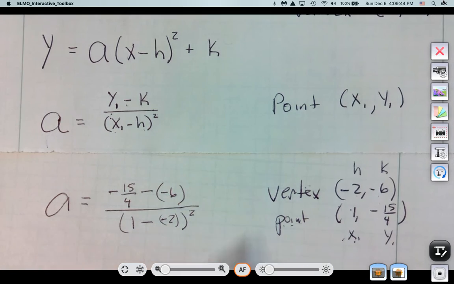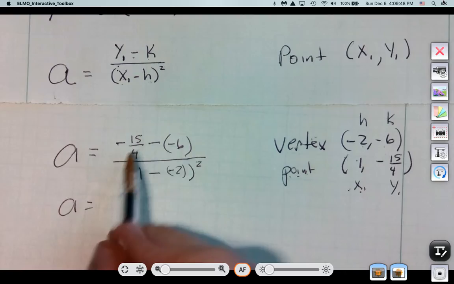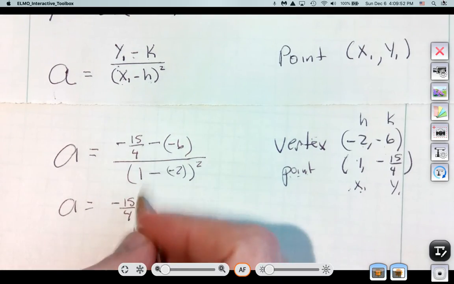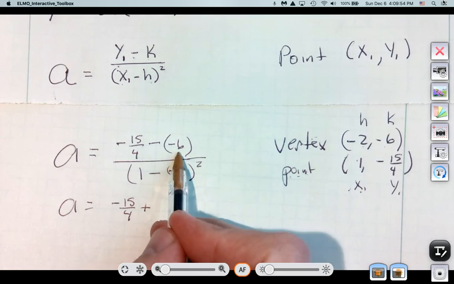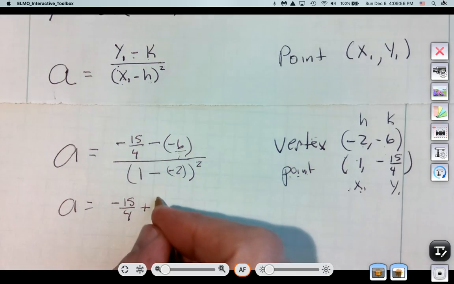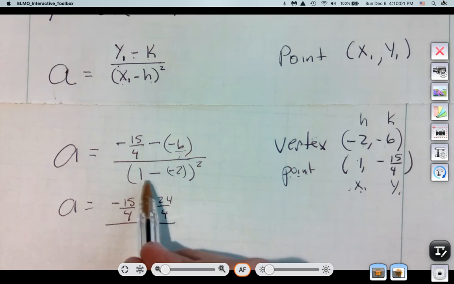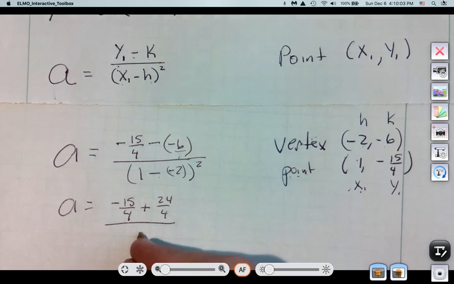Okay, so now here we go. a equals negative 15 over 4. Minus and minus is plus. I'm going to get a common denominator of 4, so I'm going to add 24 fourths, all over 1 minus a minus is going to be 3 squared.